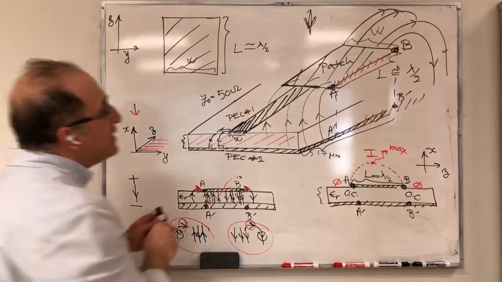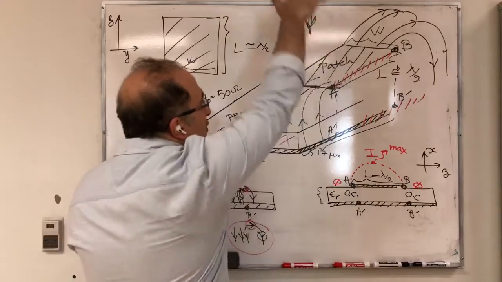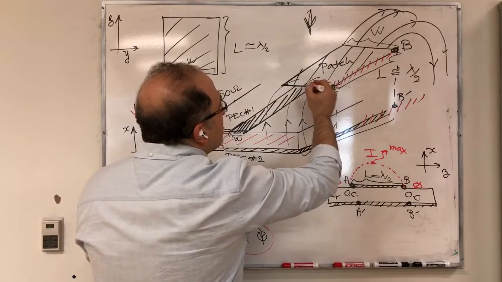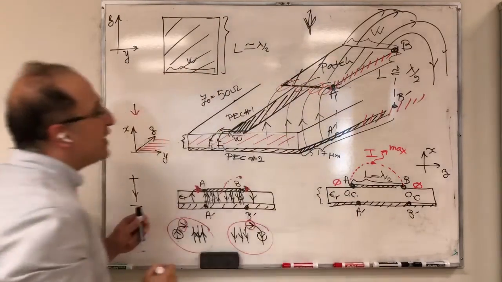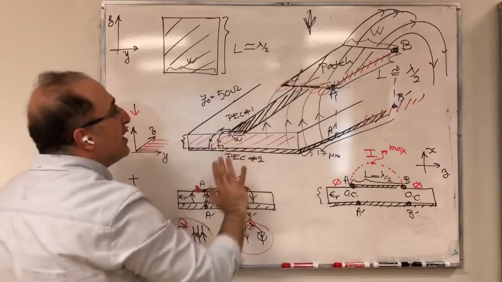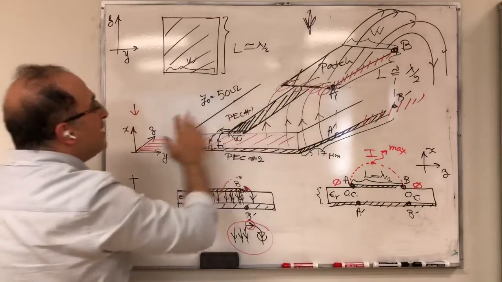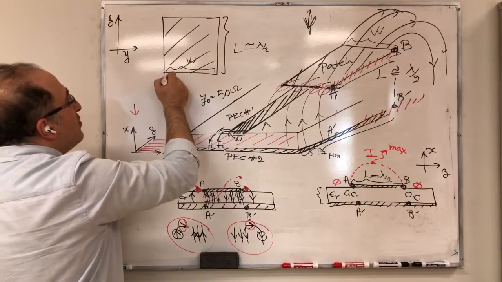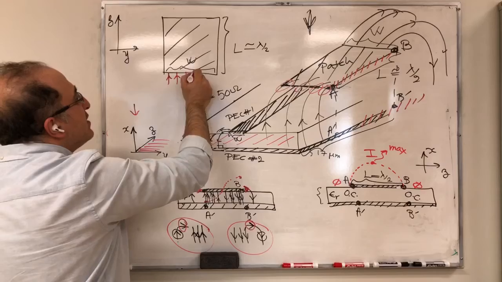And now look at this part. Because now you're looking from the top, you only see this part of the fringing effect. These parts are vertical, you don't see them. So all of these go this way, and when they go this way, essentially they become these.